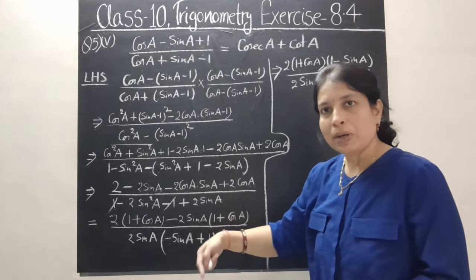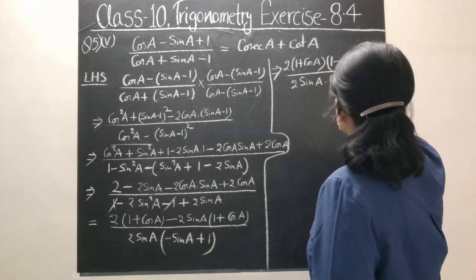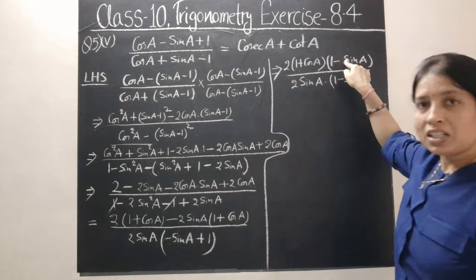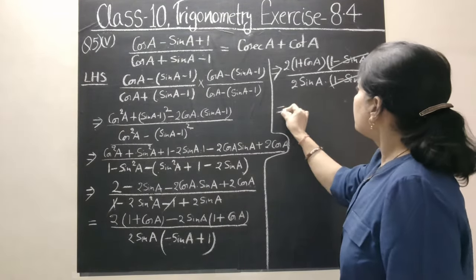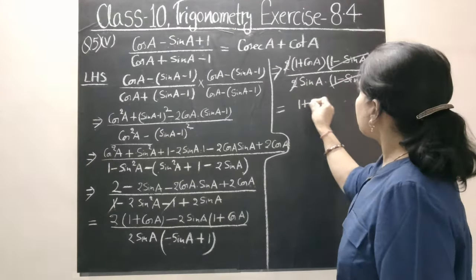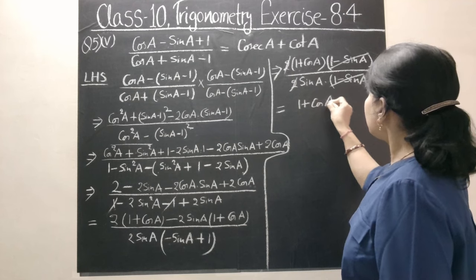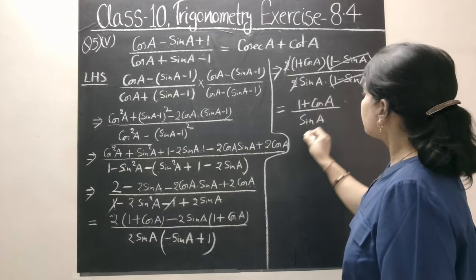So you can write 1 minus sin a right here. Here also 1 minus sin a, here also 1 minus sin a. So this will divide it. Cut this 2 also. So you will get 1 plus cos a divided by sin a.